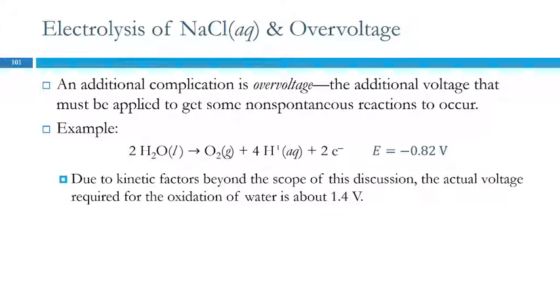So that's a little different. These factors are known, but they're beyond the scope of this course, and so we're not going to talk about them. But there is this overvoltage.